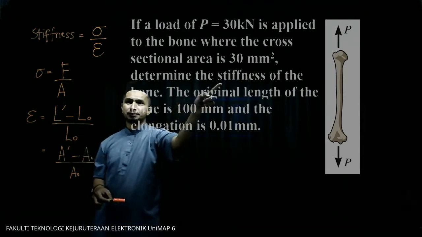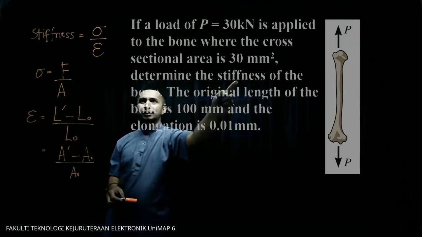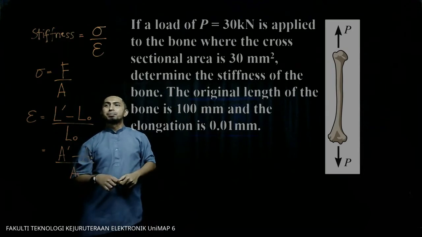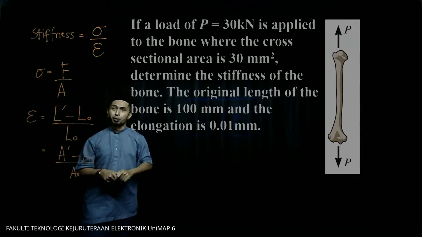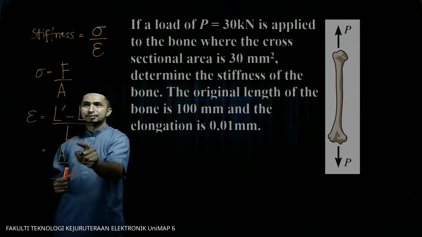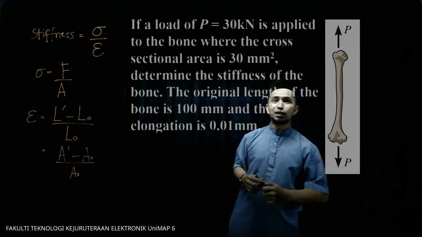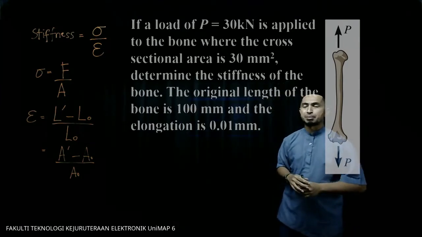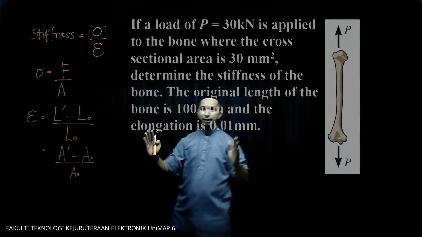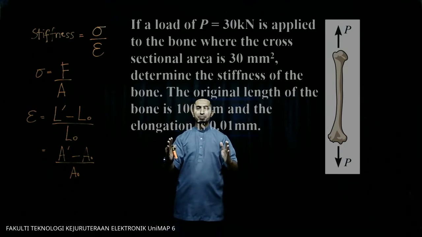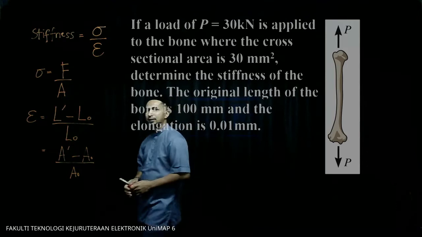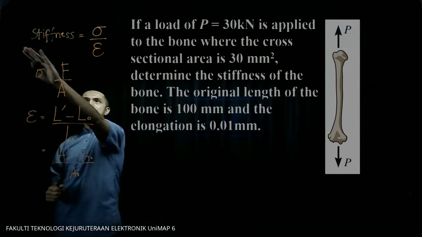The original length of the bone, L0, is 100 mm, and the elongation is 0.01 mm. Let's say this is 100 mm. Then it elongates. It has some increment of the final length that will be 0.01. So can you calculate the stiffness for me?